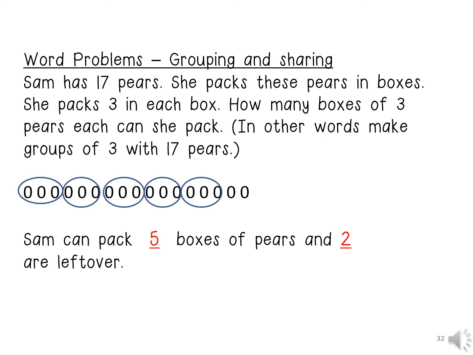So let's count the packs. 1, 2, 3, 4, 5. So I have 5 groups or 5 packs. And how many are left over? There is 2 left over. So we can say Sam can pack 5 boxes of pears and 2 are left over.